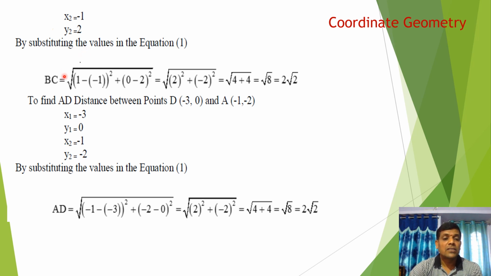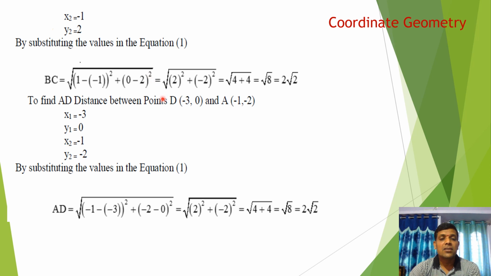So let us find the distance between B and C. Square root of (x1 minus x2) whole square is written as (1 minus of minus 1) whole square plus (y1 minus y2) whole square, written as (0 minus 2) whole square. Next step: (1 plus 1) whole square plus (0 minus 2), we get (-2) whole square.